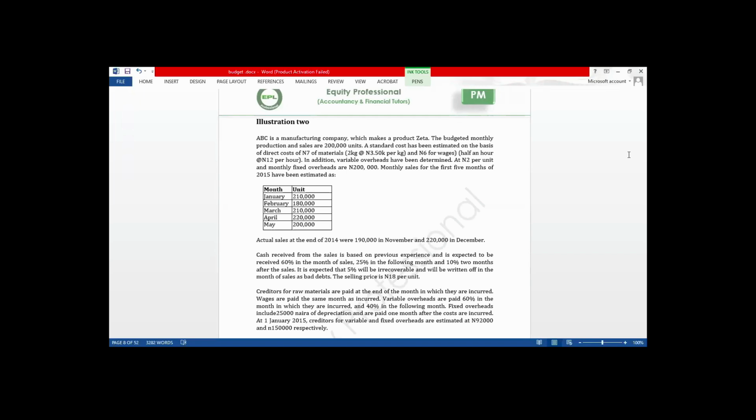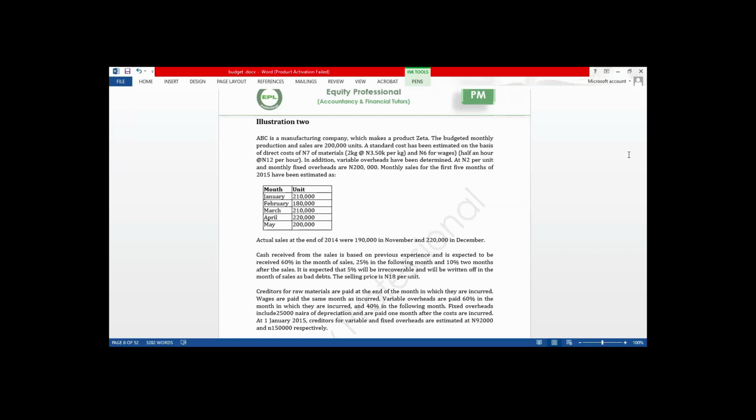So if you multiply 0.5 hours by 12 naira per labor hour, that will give you 6 naira. That 6 naira is labor cost per unit, while that 12 naira is labor cost per hour. You should know the difference between cost per unit and cost per labor hour.